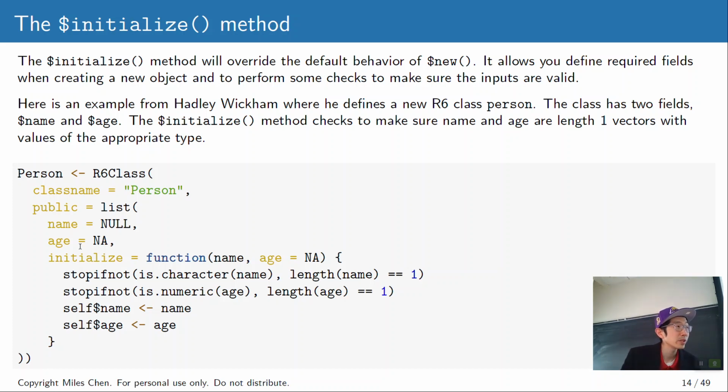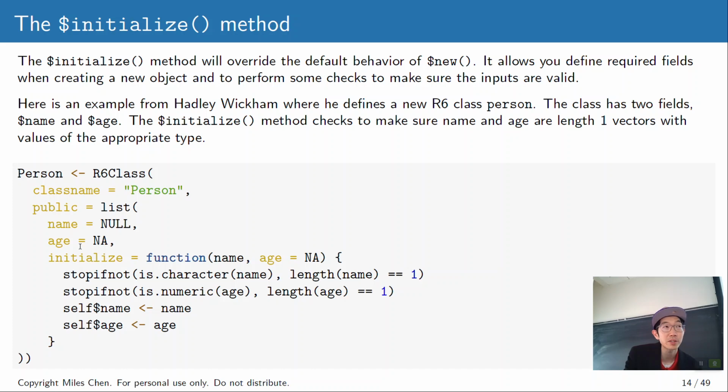Well, when we create a new instance of a person, we're going to require that we get a name and we get an age. We're going to require these two things in order for us to create a new person. All right, so how do we do that? Well, when we create a new person, we're going to call $new.